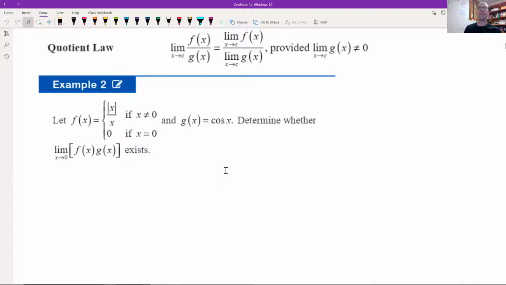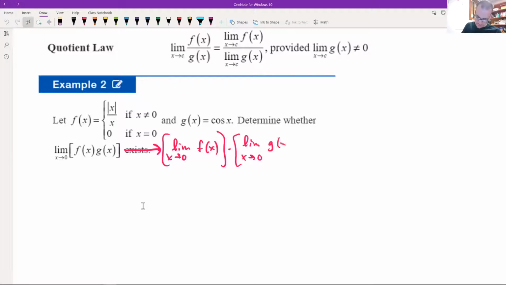But if we want to find the limit of the product of f and g, it would be nice to know, using a limit law, that the limit of a product is the product of the limits, and that this thing would equal the limit as x goes to 0 of f of x, multiplied times the limit as x goes to 0 of g of x.